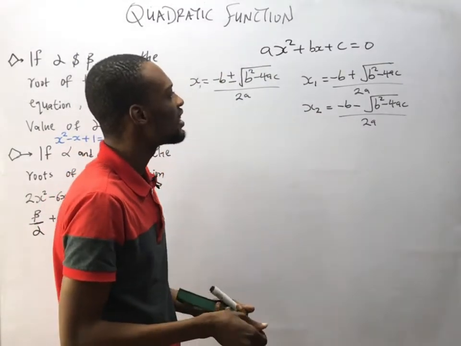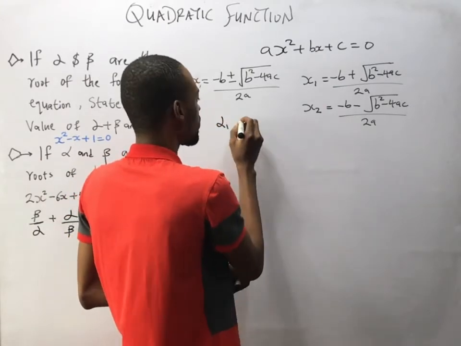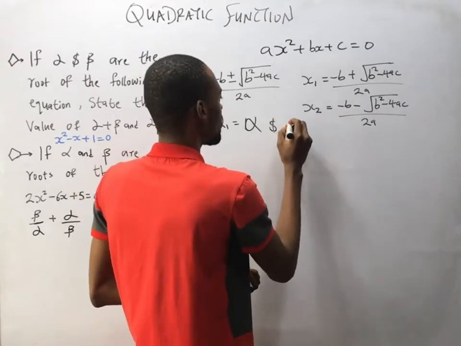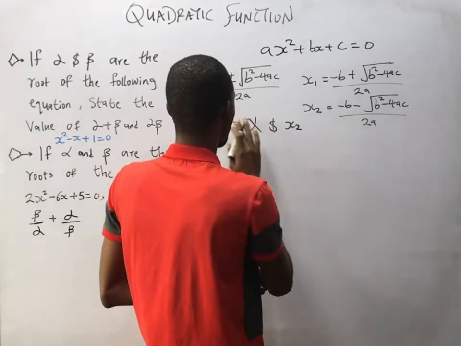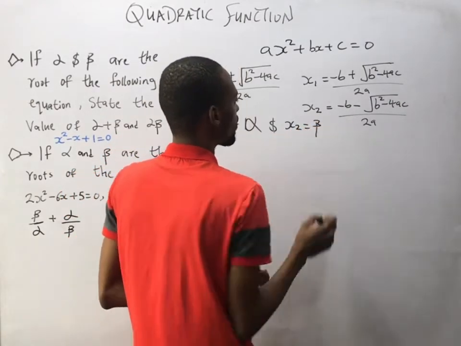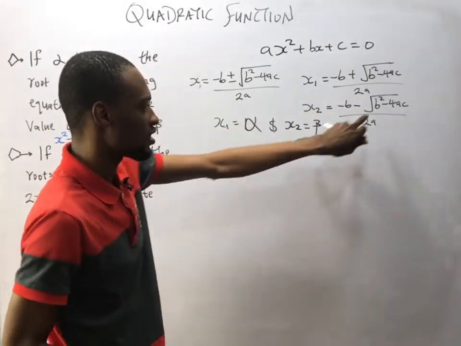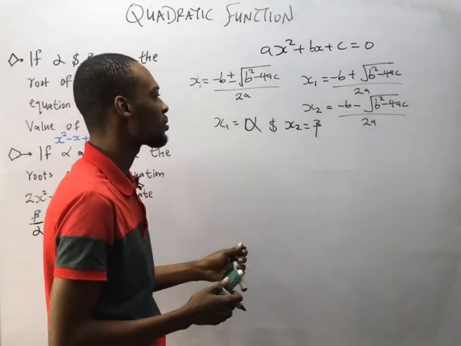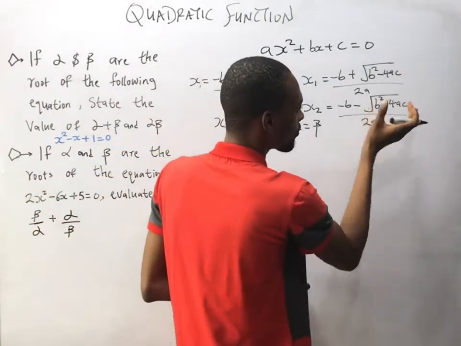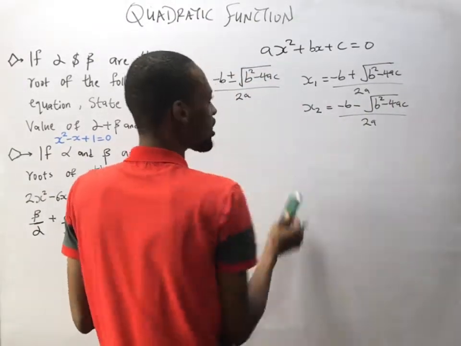If we say let x1 equal alpha and let x2 equal beta, it means alpha equals this and beta equals that. Now look at something. Let's call b squared minus 4ac d. Not because we are changing anything, we want to make the equation as simple as possible.